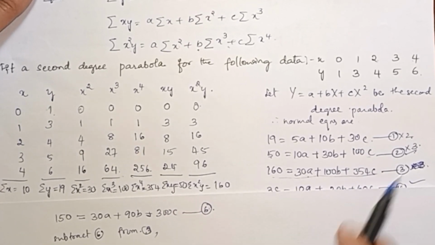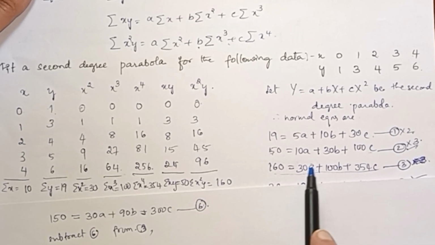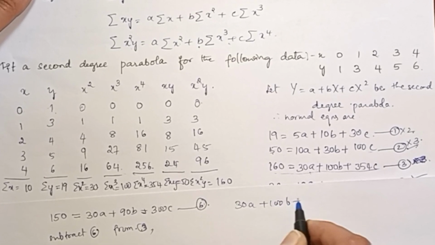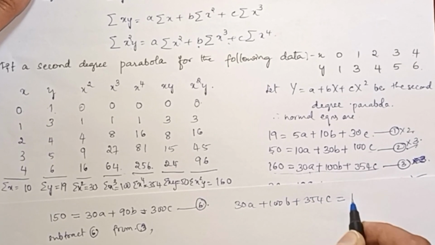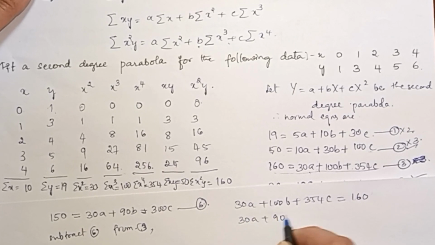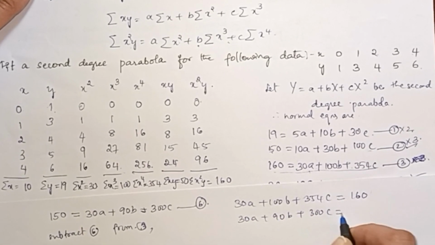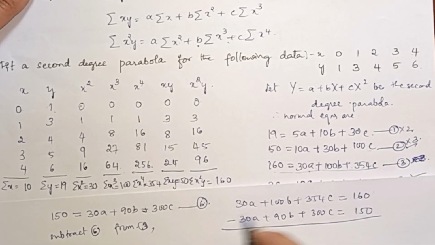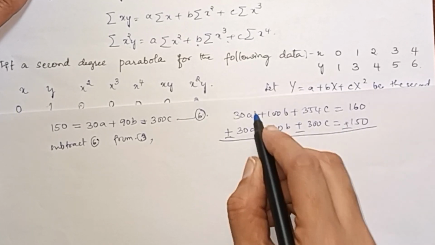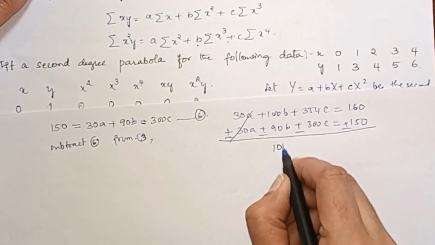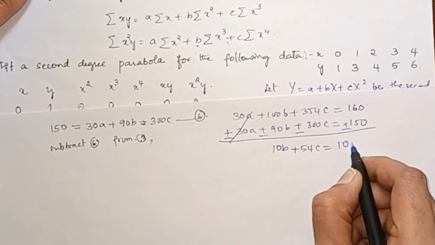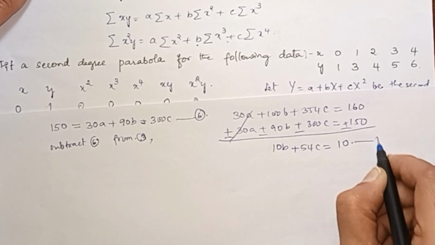Why have I done it like this? Because here you have 30a. So the third equation is 30a plus 100b plus 354c equal to 160, and the sixth equation is 30a plus 90b plus 300c equal to 150. Subtract these two equations, change the sign, so 30a cancels. You will get 10b plus 54c equal to 10. Name this as equation 7.